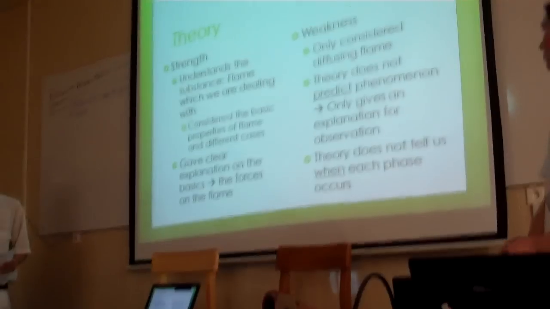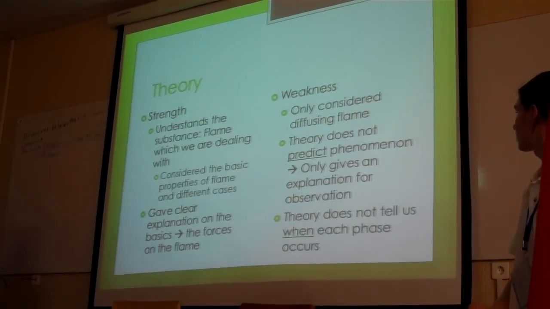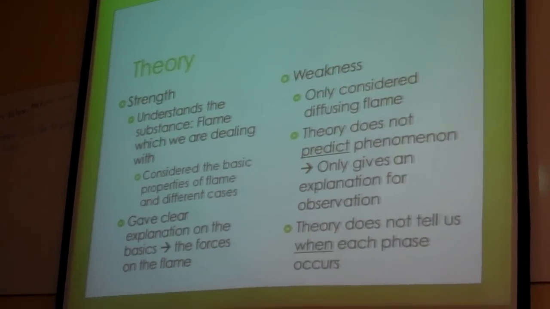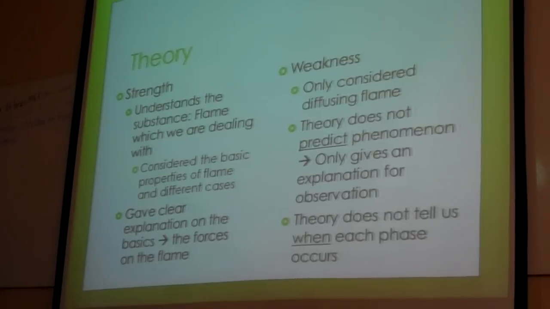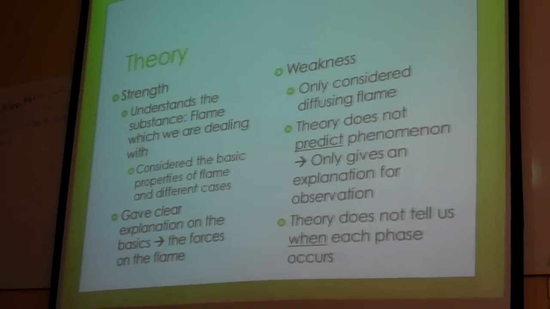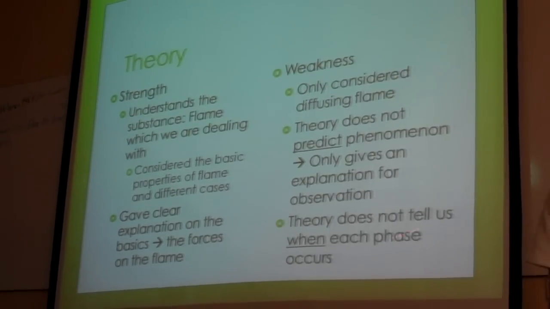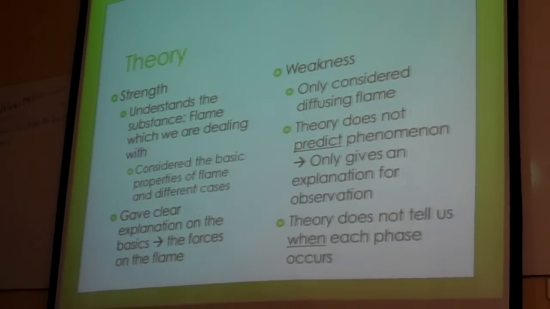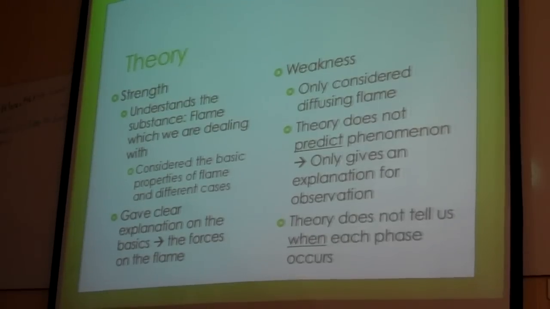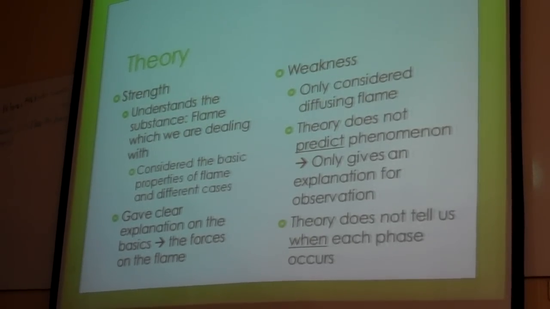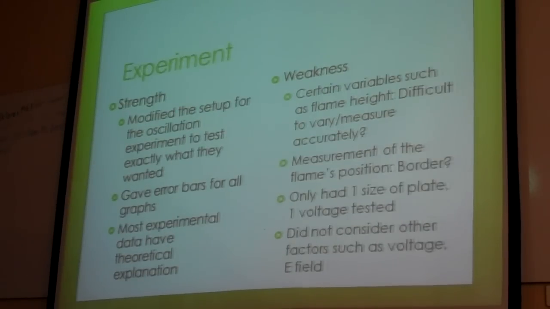The weakness is that only diffuse flames were considered and premixed flames were completely ignored. The theory does not actually have any predictive power, and it simply tries to explain what was seen. So it seems like the theory was built on the experiment after the experiment was done. And the theory does not tell us when each phase of oscillation occurs. It merely tries to explain why there are these phases.